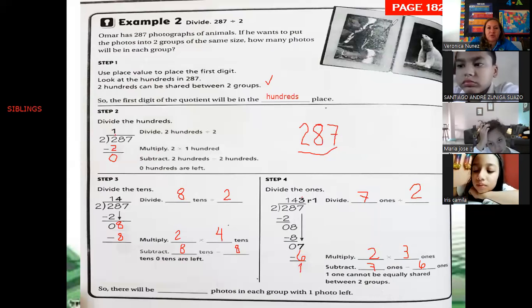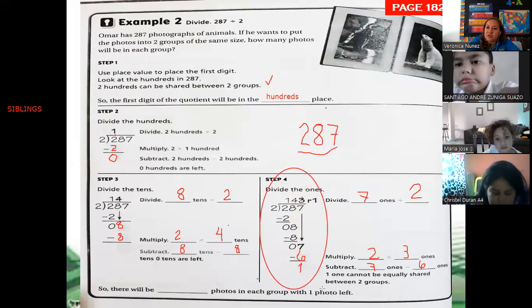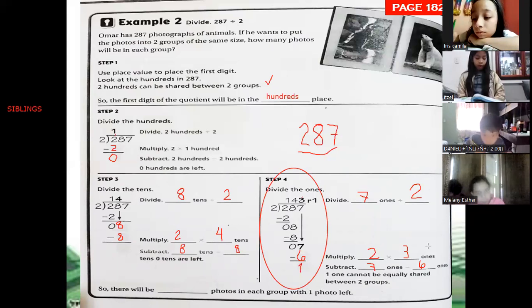What is the division? This one. That is the division. In the division, you have the answer. What is the answer? I'm worried because this is not the first time we divide.